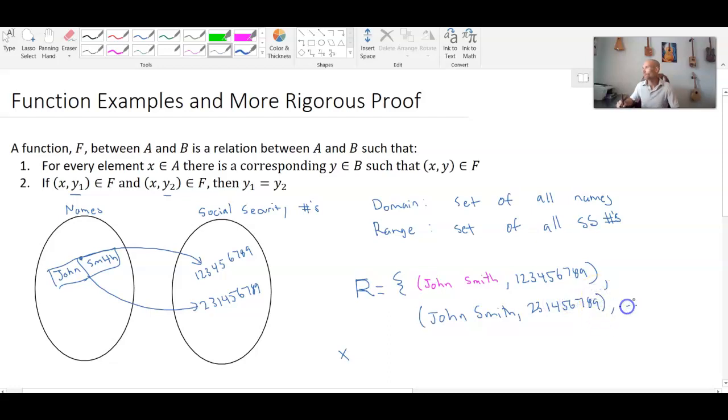Of course the set would go on for a long time depending on how big our domain and range are. But I cannot say with confidence that the relationship between names and social security numbers in this order is a function. So we'll say this is not a function.